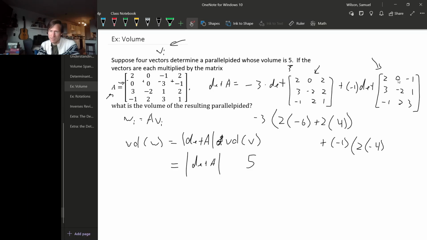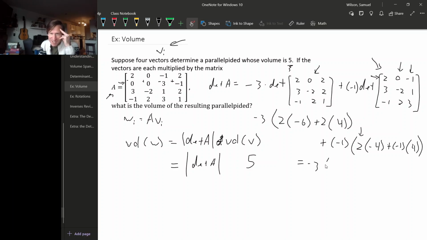I'm going across this first row, so there's that 2, and then the next has a 0, and now I need negative 1 times this 2 by 2 determinant in the bottom left, so 6 minus 2, that's 4. Okay, almost lost it there.